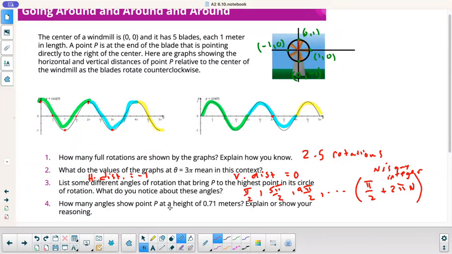How many angles show point P at a height of 0.71 meters? Explain or show your reasoning. So, I could look at my windmill picture here, or I could just go to my graph. The vertical height is this graph here, the sine graph. So 0.71 would be like, I don't know, maybe like right there. Maybe a little lower. Move that down just a little.